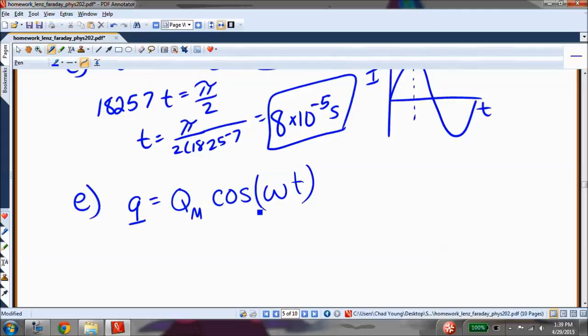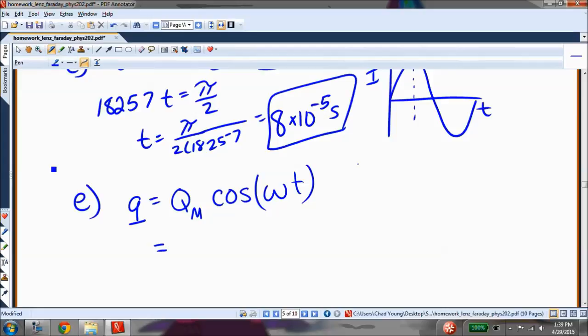So the charge on the capacitor will be 0. So since the energies switch back and forth, that's why I have a sine function for the current and a cosine function for the charge. All right, and also because it's the derivative.